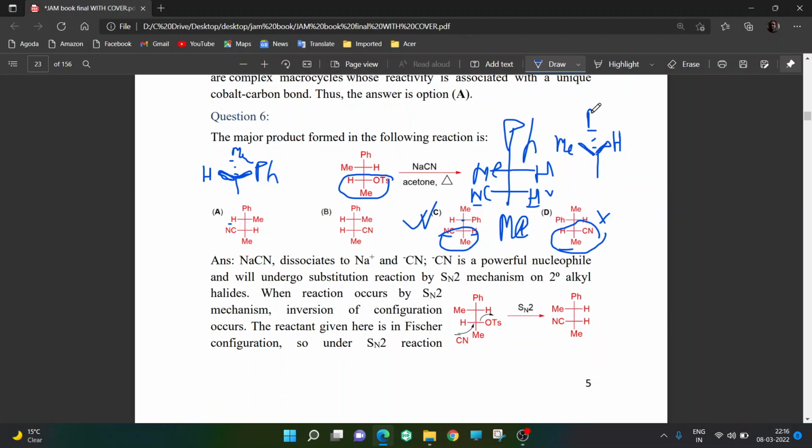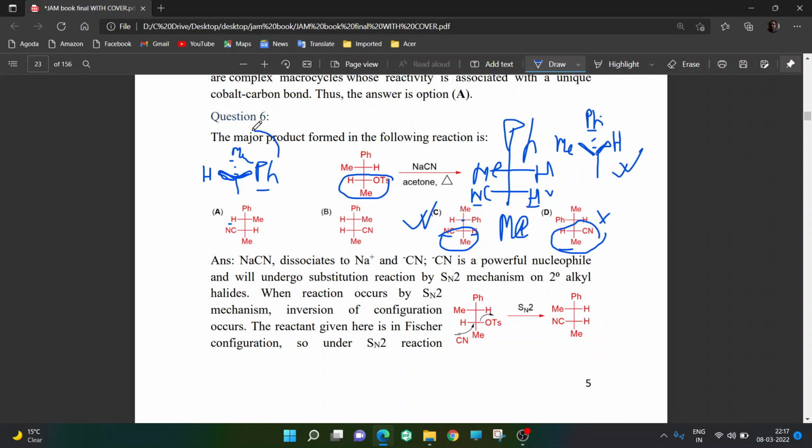Now we have to find out if they are both saying the same thing. So the angle between them, see it's a circle, so the total angle is 360, so each of them is 120 degrees. Now I will keep this constant and check if this is the same. So I will rotate in such a way that Ph goes away from the viewer, because here Ph is away from the viewer, and we see if it is the same.